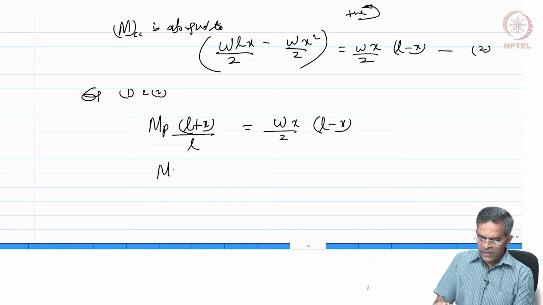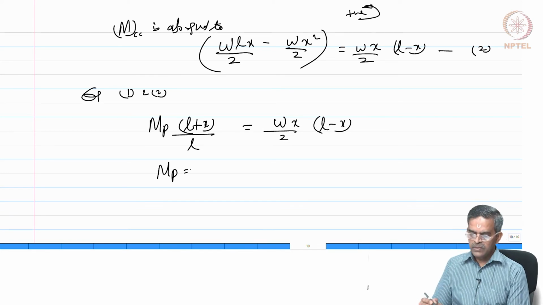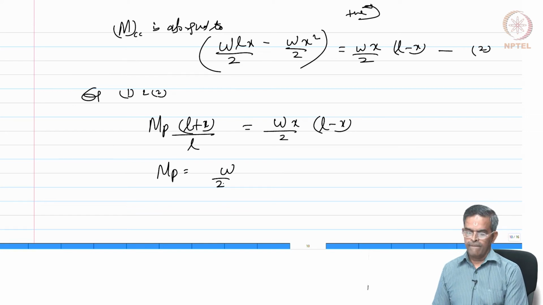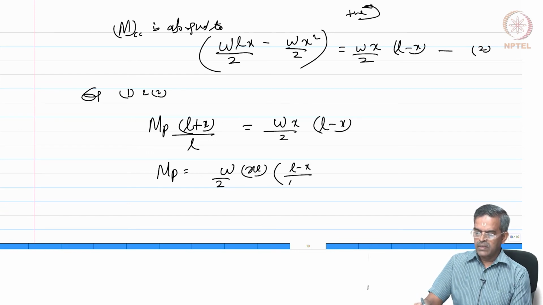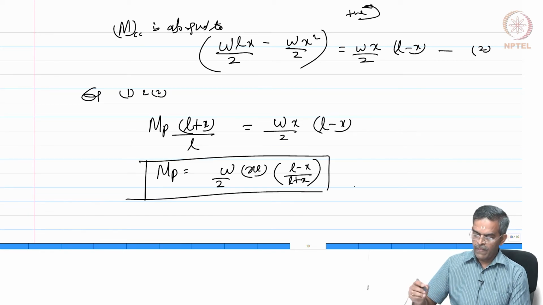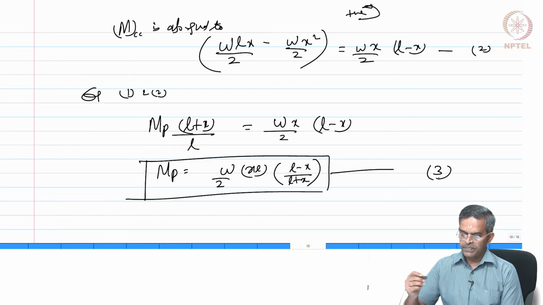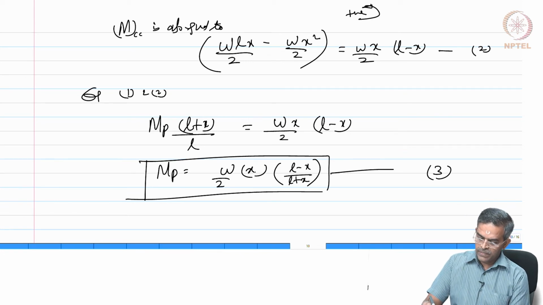So, I can straight away say MP is W by 2 into x times (L minus x) by (L plus x). Can I say this? Equation 3.